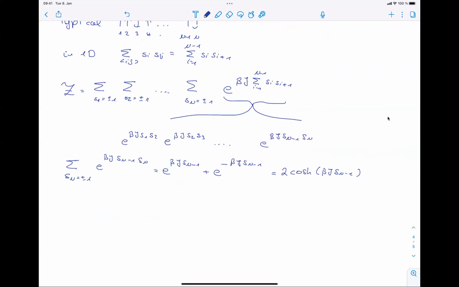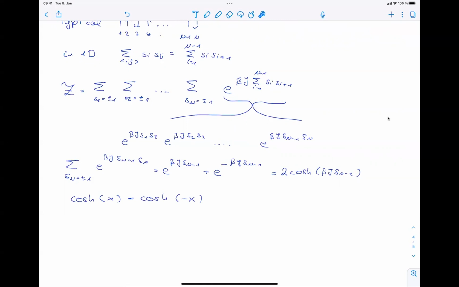But then I would need to look at what happens when summing over the states of S(n minus 1), which again can be plus or minus 1, right? But then we remember that the hyperbolic cosine is symmetric about the origin. So it's the same if I have x or minus x, which means that S(n minus 1) being +1 or -1 is exactly the same energetic contribution.